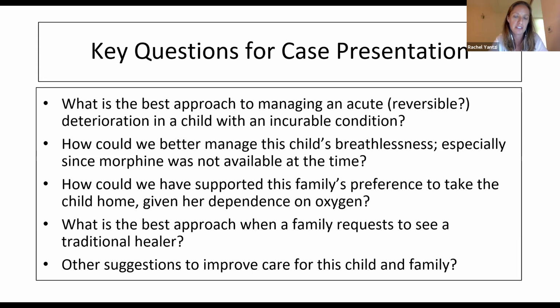How could we have supported this family's preference to take the child home, given that she was dependent on oxygen? And any other suggestions around that request? And what is the best approach when a family requests to see a traditional healer while hospitalized? We're also just open to other suggestions.